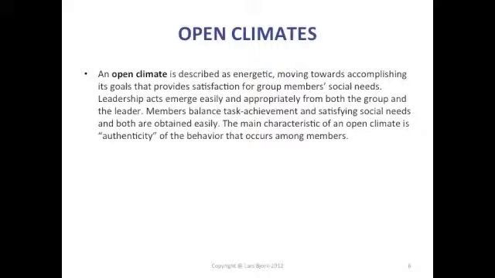An open climate is described as being energetic, moving towards accomplishing goals in a way that provides satisfaction for group members' social needs. Leadership acts emerge easily and appropriately from both the group and the leader. Members balance tasks and satisfying social needs, and both are obtained easily.